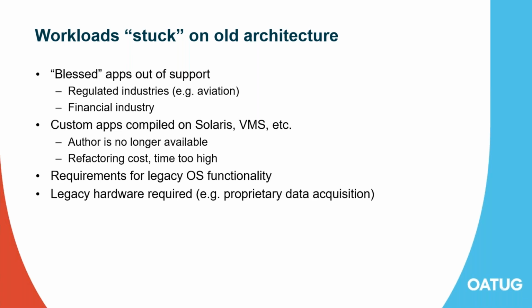And then finally, sometimes they're stuck because companies are buying companies, acquiring what the other company had in their IT. So they are acquiring some of this legacy hardware, and they're still trying to figure out what it does, what the applications are, and how important they are. So these are some of the workloads that are stuck on the old architecture.